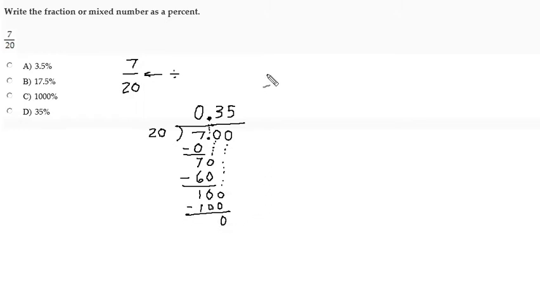So what we've done is we've said that 7/20 as a fraction is the same as 0.35 as a decimal.